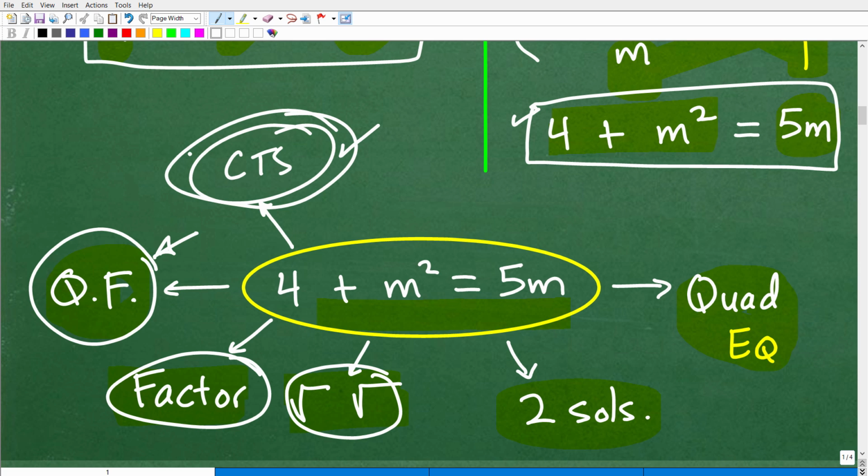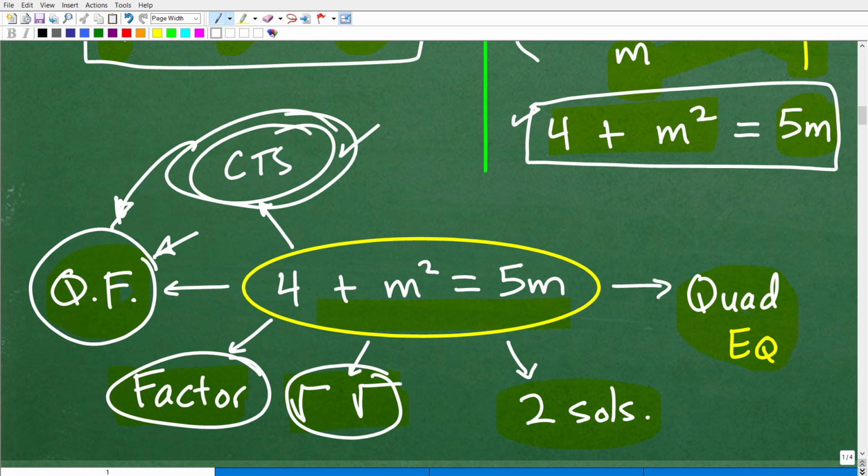But completing the square is kind of like a long version of doing a quadratic formula. And actually, it sets up a scenario where you're taking the square root of both sides. But I don't want to get too much into that because completing the square is not a primary technique to solve quadratic equations.